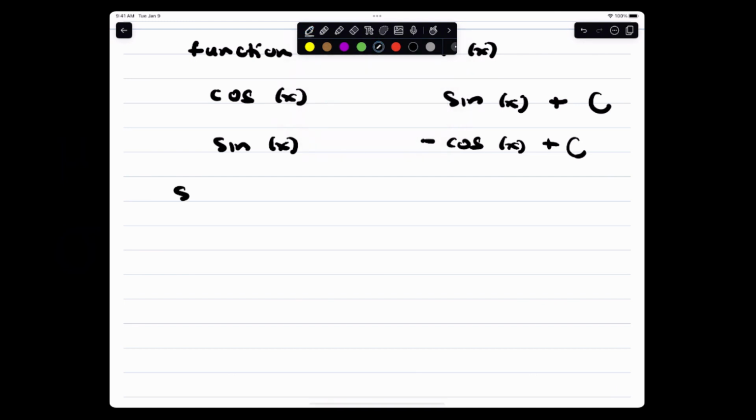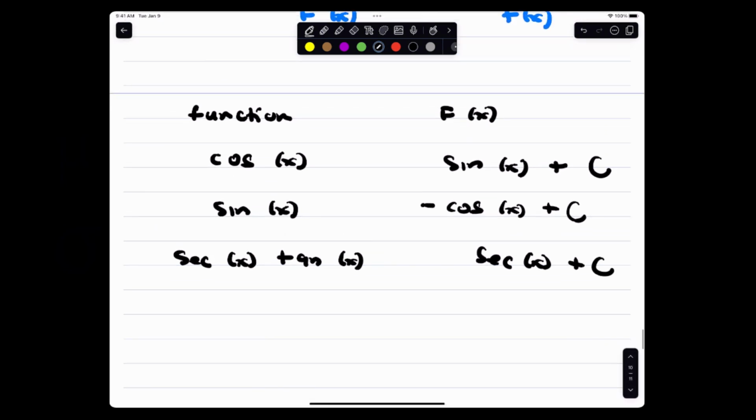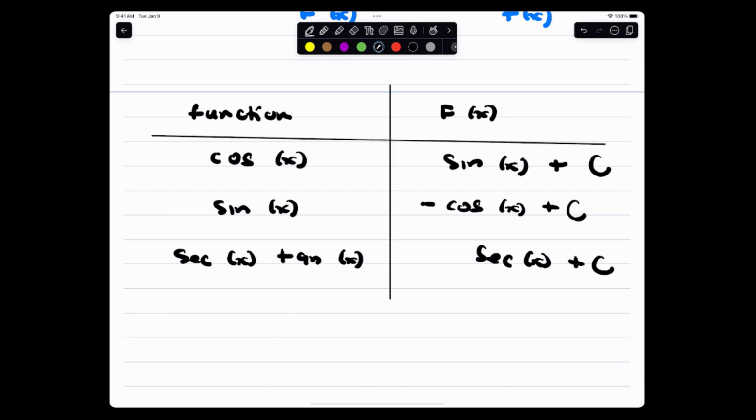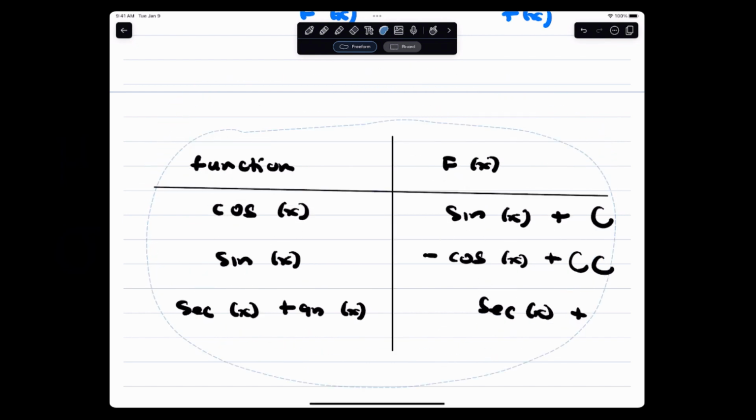So they have to give you a what? A secant tangent. And then the antiderivative will be what? And that's the general antiderivative. All right, you guys okay with that? You want to know these like you know your name.